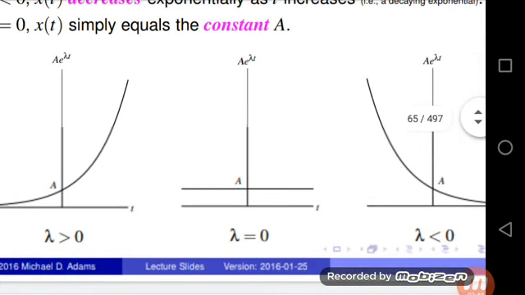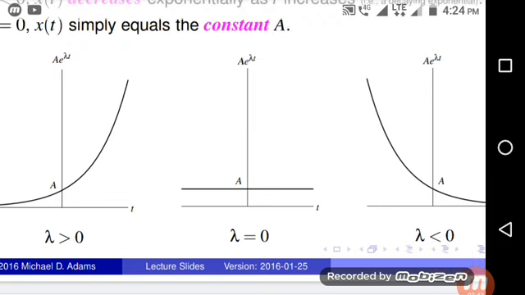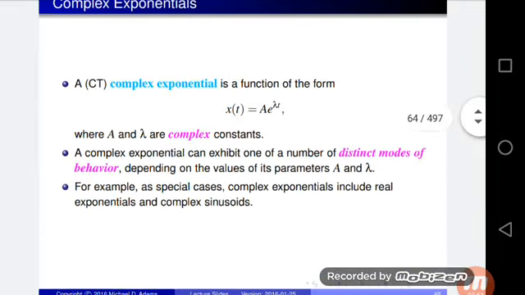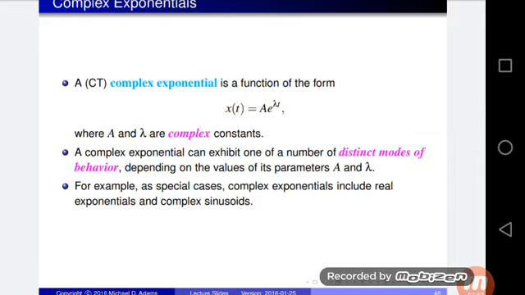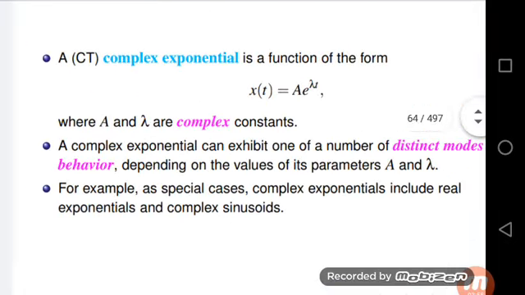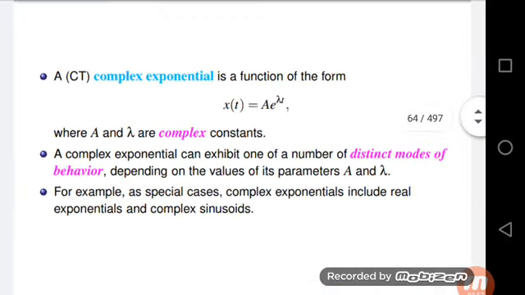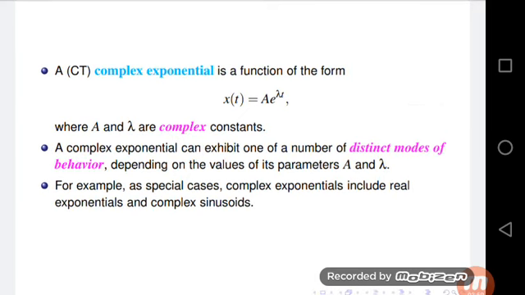These are the waveforms of the real exponential. Here we are discussing that a complex exponential will exhibit a number of distinct modes of behavior depending on A and lambda.